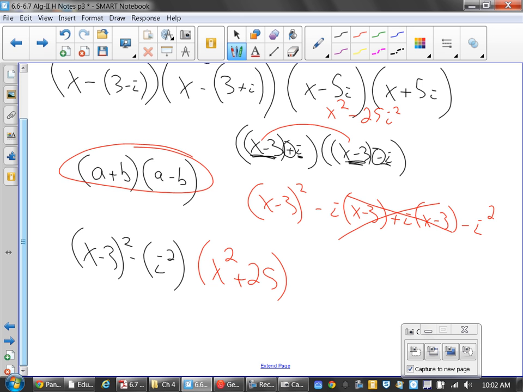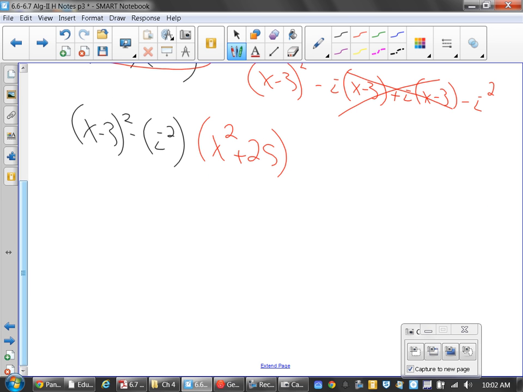So here's the weirdness. What's I squared? Negative 1. So this is x minus 3 quantity squared plus 1. Do you agree? What's I squared? So minus a negative 1 is plus 1. And then it's still times the x squared plus 25.